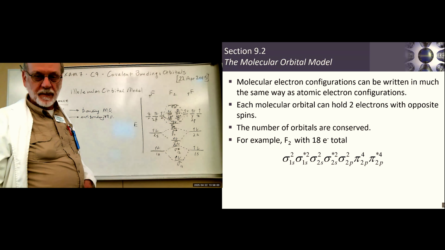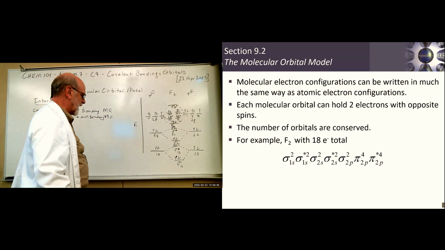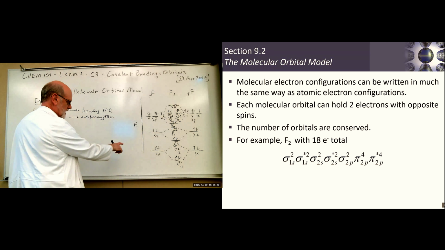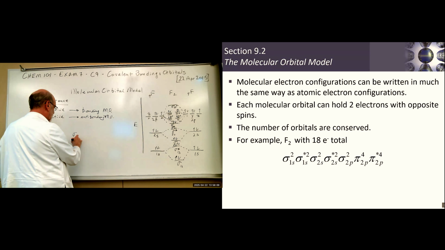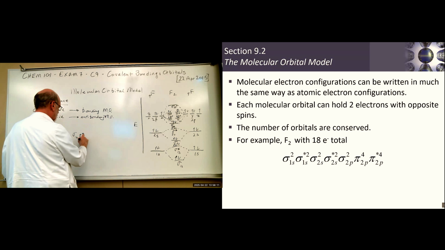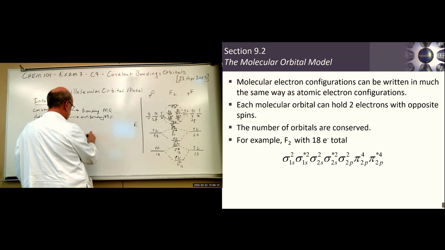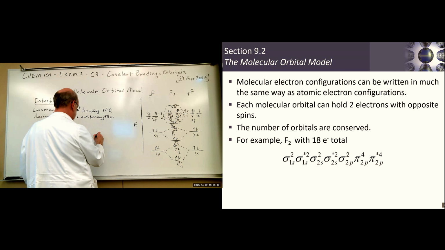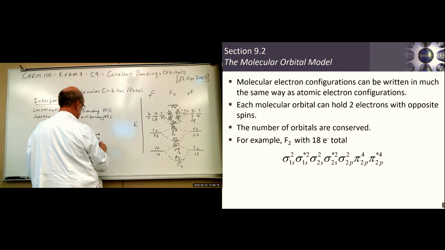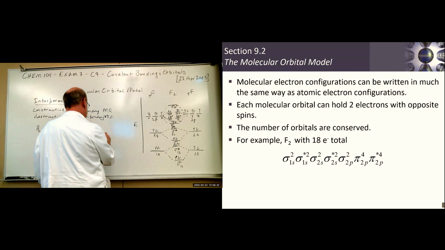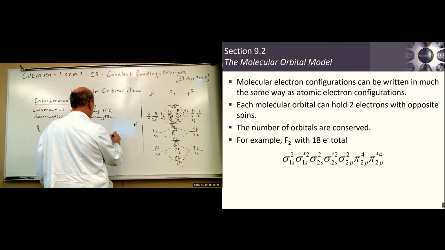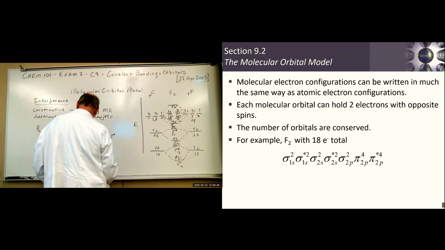So if we wrote that out in longhand, then we'd have the sigma 1s, the sigma star 1s. We'd have the sigma 2s and the sigma star 2s. And then we would have the sigma from the 2p and the sigma star. Oh, excuse me.